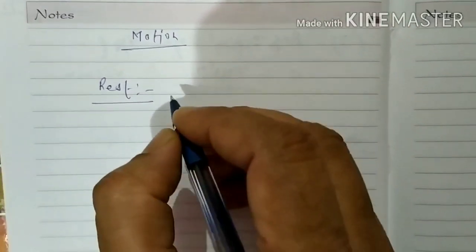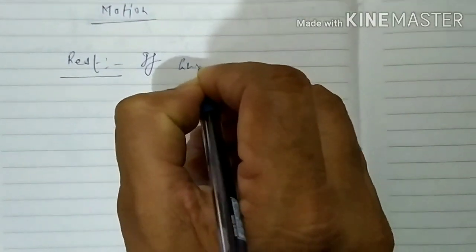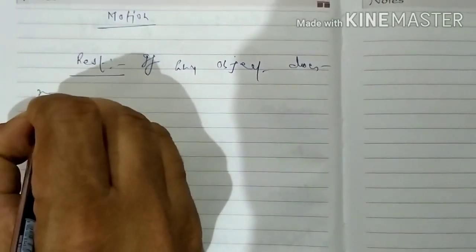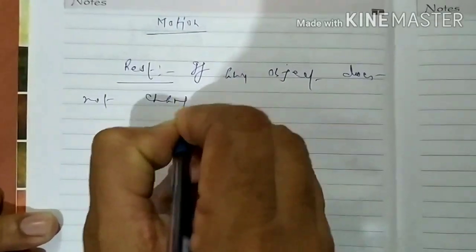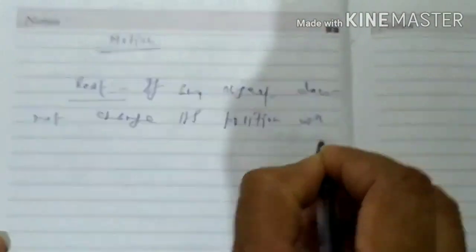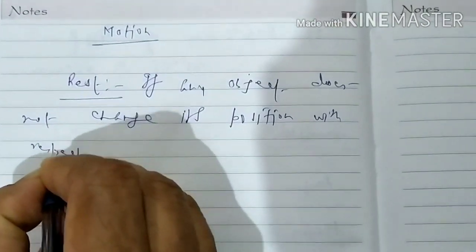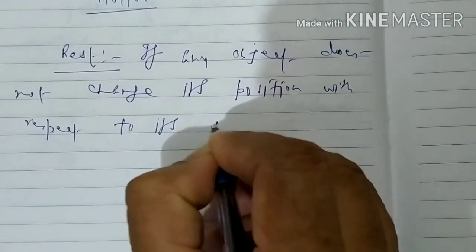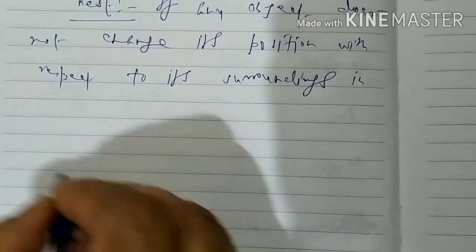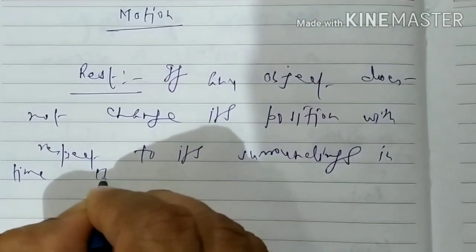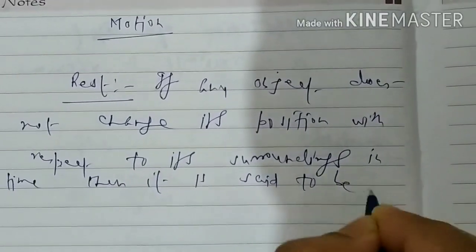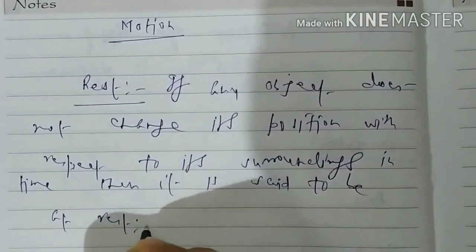So, we can define the term rest as: if any object does not change its position with respect to its surroundings in time, then it is said to be at rest.